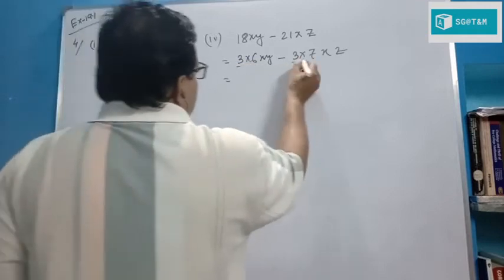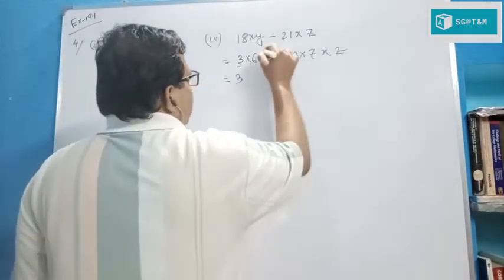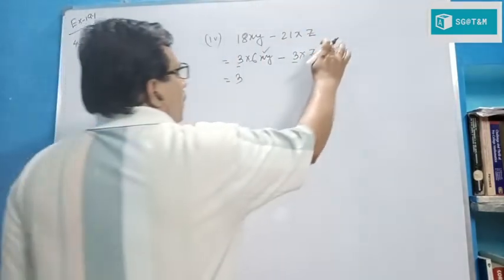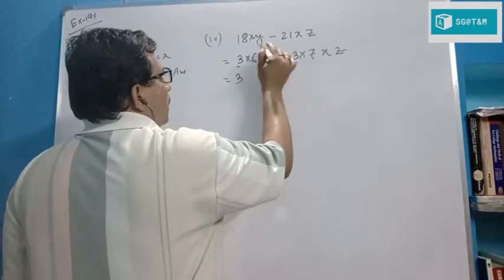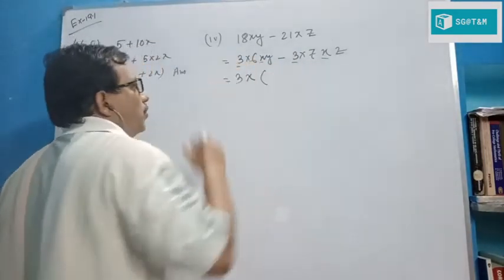So 3 is common to both, and what other common term is there? X. X is common to both. Here is x, here is x. So 3x is common to both.